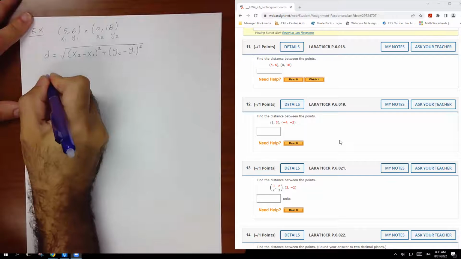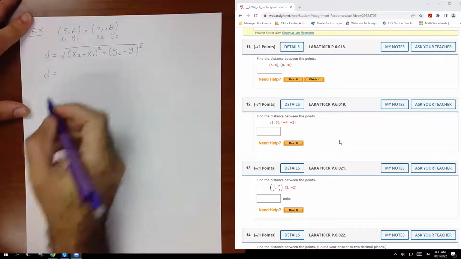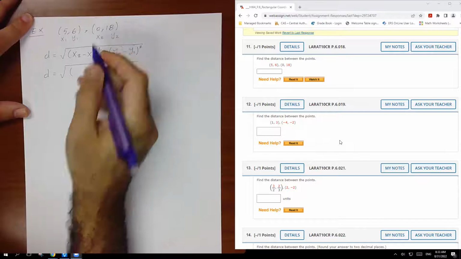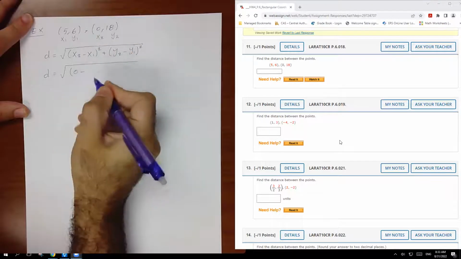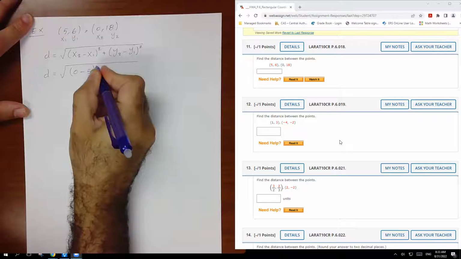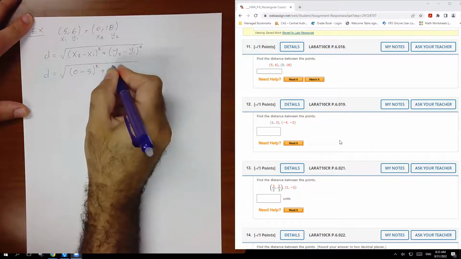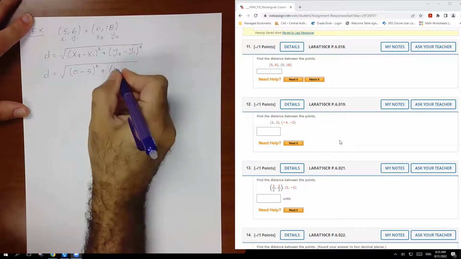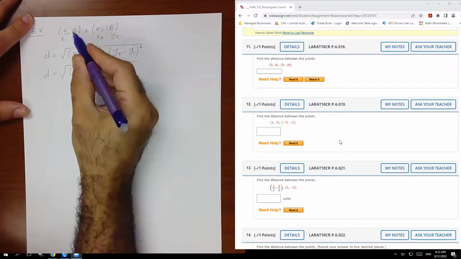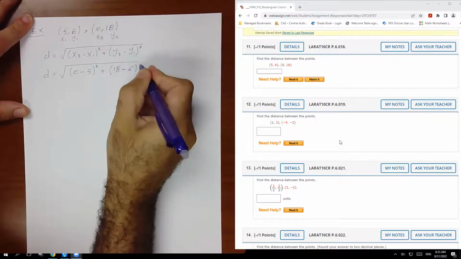Now I'm going to plug in. The distance is going to be the square root of x2, which is 0, minus x1, which is 5, squared, plus y2, which is 18, minus y1, which is 6, squared.